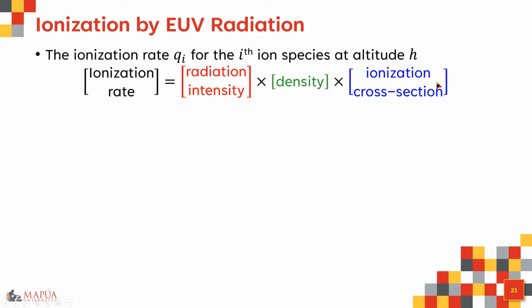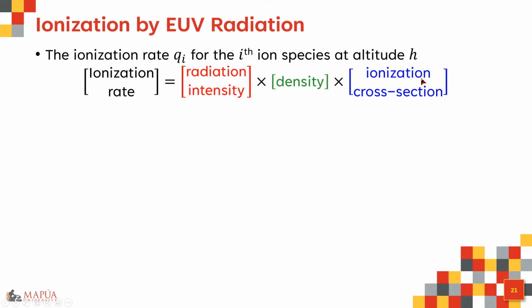That's the product between the amount of energy that is used for ionization, the density of the constituent that is ionized, and how effective the ionization happens.